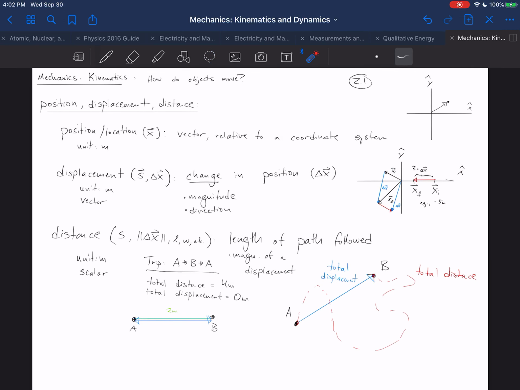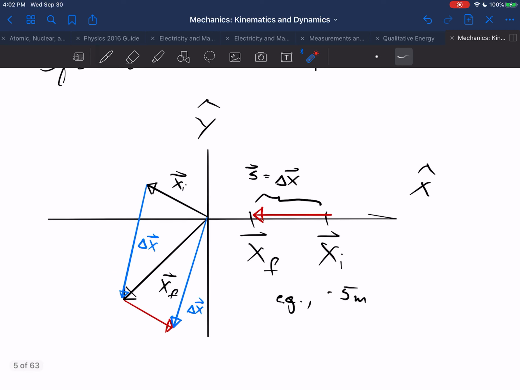Displacement, on the other hand, is the change in the position. Delta x. So, for example, in one dimension, if I go from an initial position over here of, let's say, 13 meters, and a final position right here at, let's say, 8 meters, notice that both positions are vectors.